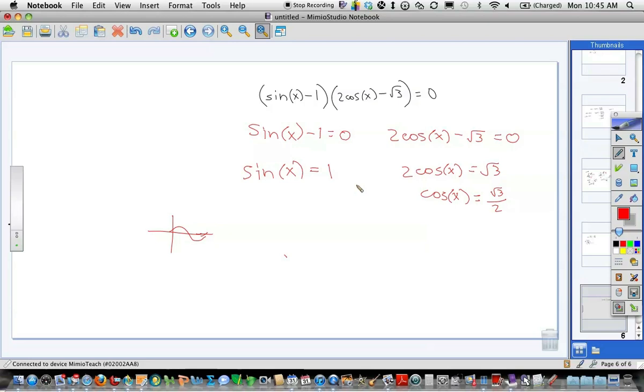Oh, and by the way, we're saying to solve this equation between 0 and 2 pi. Okay, between 0 and 2 pi.